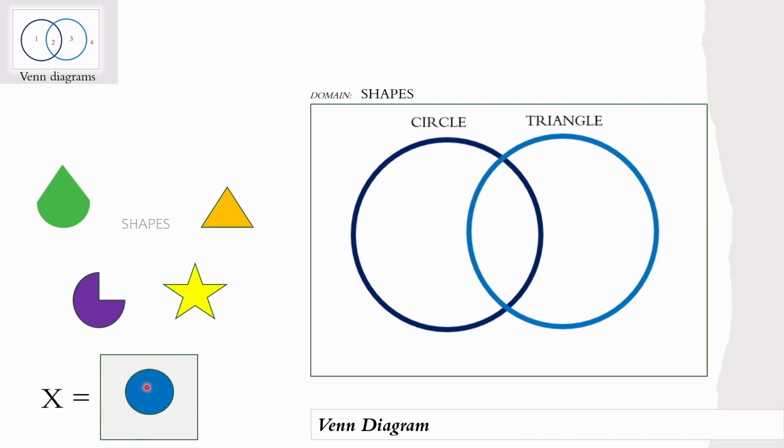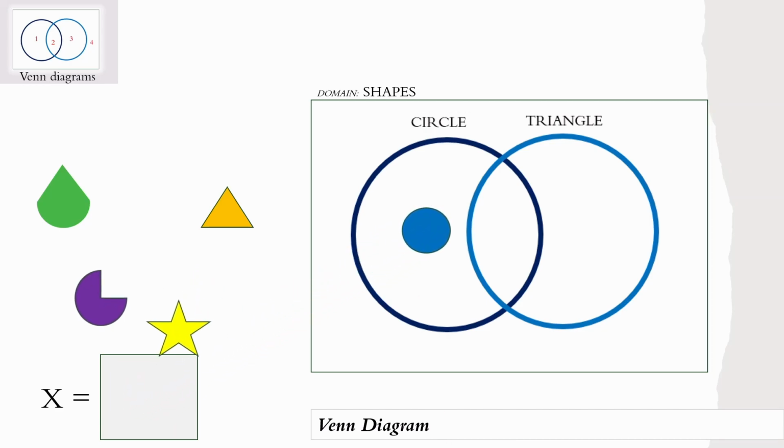It's round, it has a center point with equidistant points around it, and no vertices, no sides. But it's because it has no vertices and no sides that we cannot put it into region 2, because anything in region 2 would count as a triangle. This is not a triangle. It doesn't satisfy the conditions for being a triangle, so we have to put it outside of this circle here, but inside of this circle here. The only way we can do that is to put it into region 1.